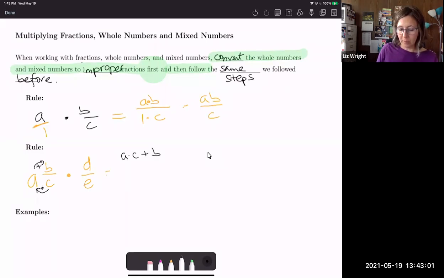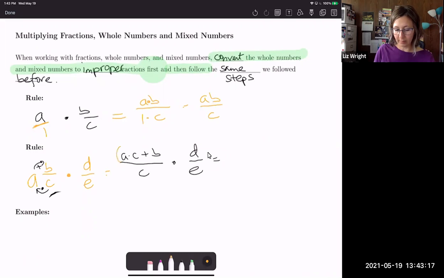So A times C plus B, and it goes all over what? All over C, to get us back to what we had here, times D over E. And then we multiply straight across. Now this is a little bit weird. You got to make sure you put that in parentheses. And then we would have AC plus B times D all over CE.